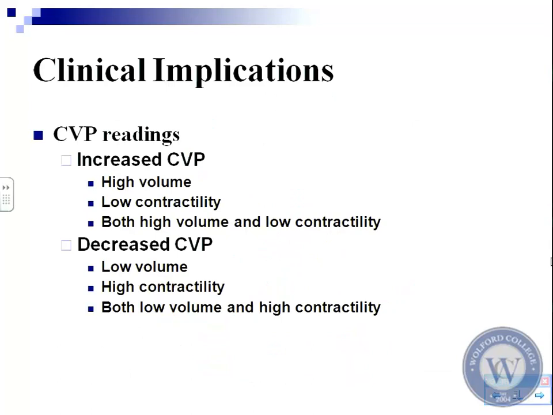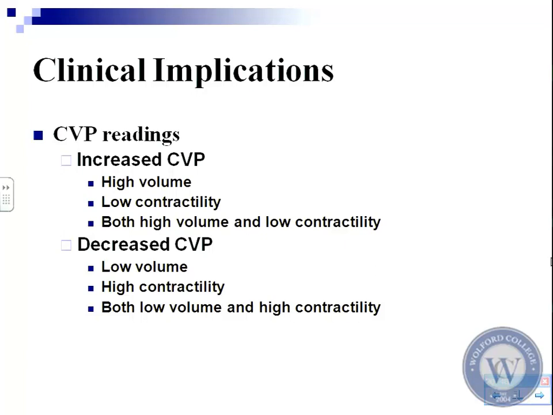So this is what I think is the most important part of this lecture. You have to memorize this portion. This is where the test questions are going to come from. The other ones are graphical representations to make sure that you have a good understanding. Ultimately, CVP can be either increased or decreased. If you have an increase in CVP, it could be high volume, which all of you should know already from prior training.